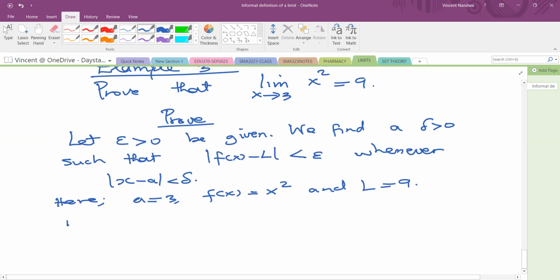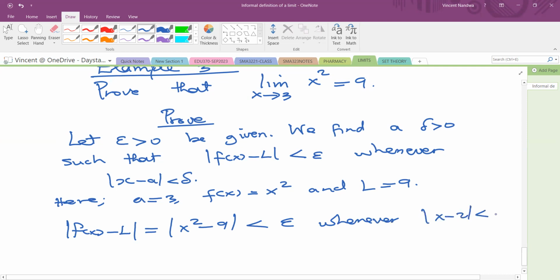So then now absolute of f of x minus L is going to be absolute of x squared minus 9, which is less than epsilon whenever absolute of x minus 3 is less than delta.